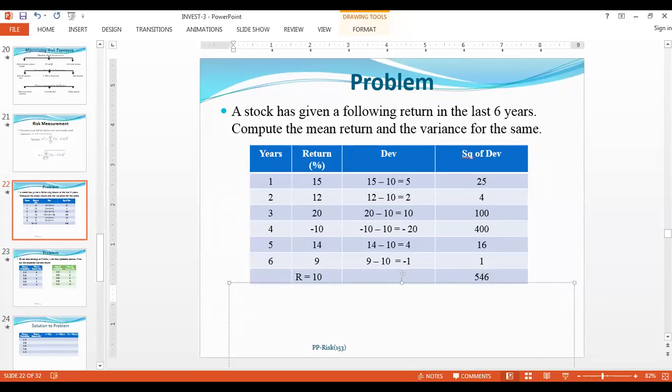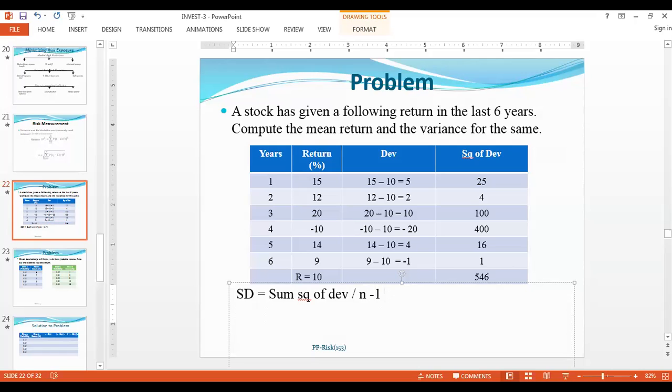So how do you calculate standard deviation? Standard deviation is equal to the sum of square of deviations divided by the number of observations minus 1. This is what you have studied, right? Yes, sir.